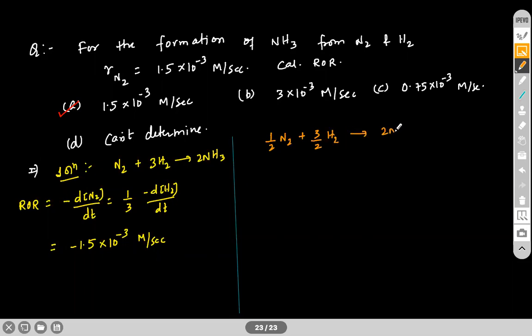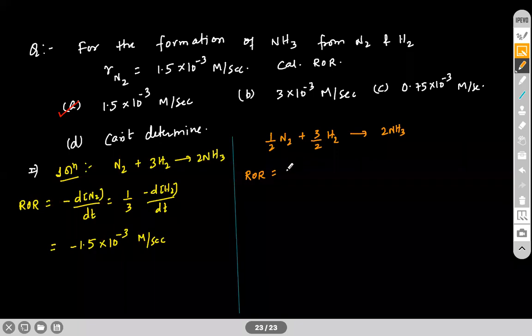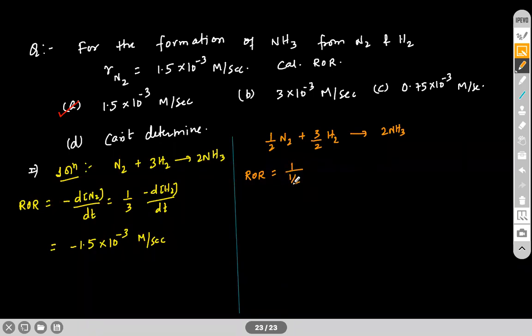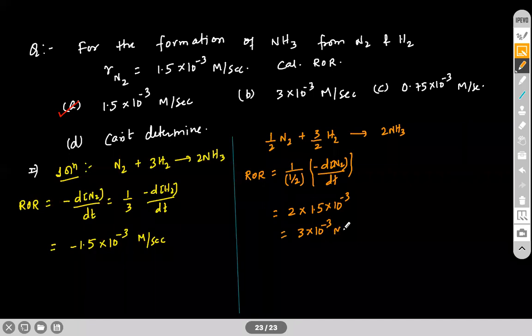Is it fine? Then the ROR of the reaction is what? That will be twice of the rate of N2, which is 1.5 into 10 to the power minus 3. So that is coming out to be 3 into 10 to the power minus 3 molar per second, which is this.